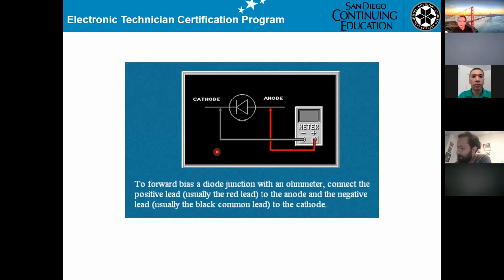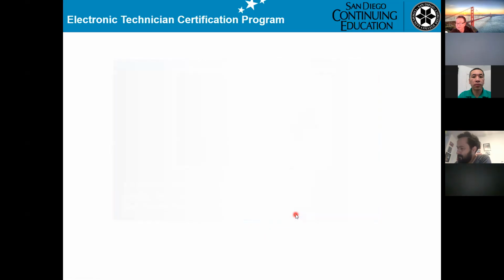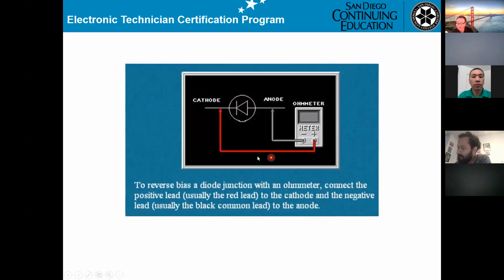That tests the forward bias. Now you can reverse the polarity, positive to the cathode and negative to the anode, and normally you get overflow or overload. Then the diode is good.